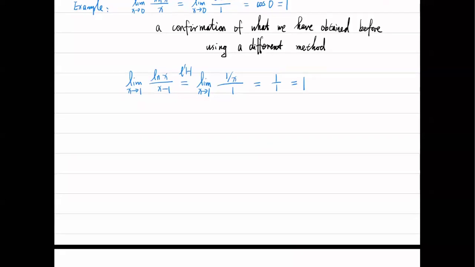Type 3. This time we'll deal with the product. That means we're dealing with the limit of the product of two functions.